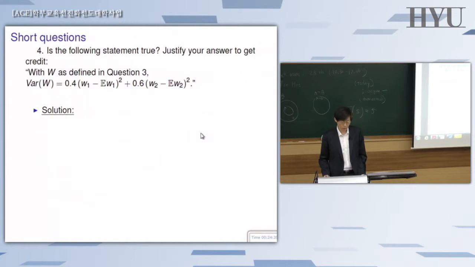First say true, or false, or maybe neither, and then explain why.